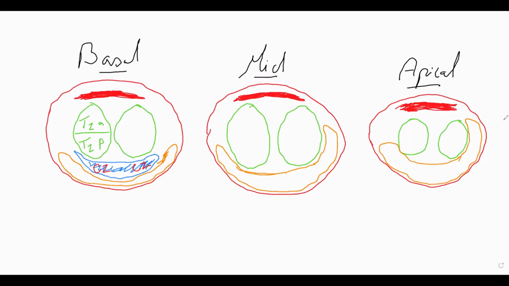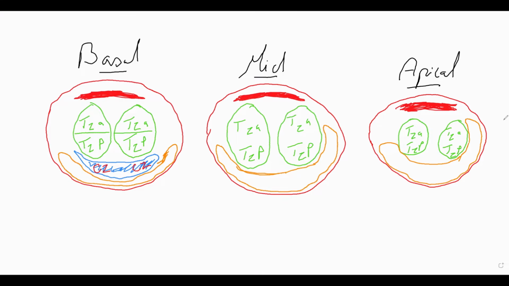So we have TZA, TZB, TZA, TZB, TZA, TZB, TZA, TZB. As you see, the transition zone at the apical level is much smaller in relation to the other zonal anatomy of the prostate.